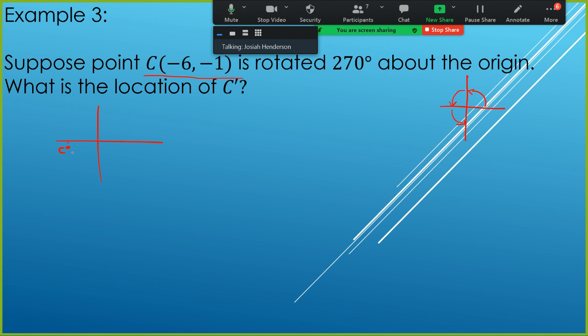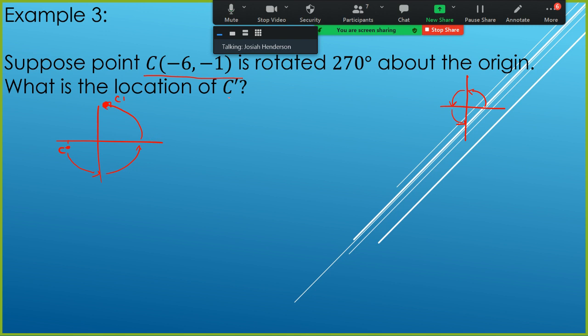So if I move this 3/4 turns, 1, 2, 3. We can visualize where this should land before we even find the exact number. It should be somewhere around here. 3/4 turns. It might be helpful to draw a sketch of the point or of the triangle or whatever the object is.